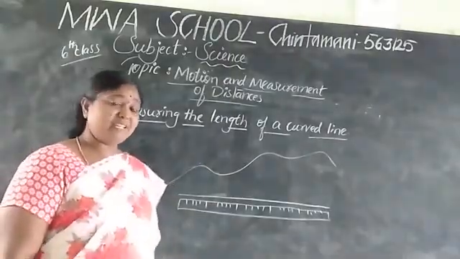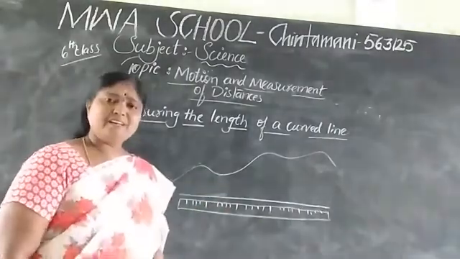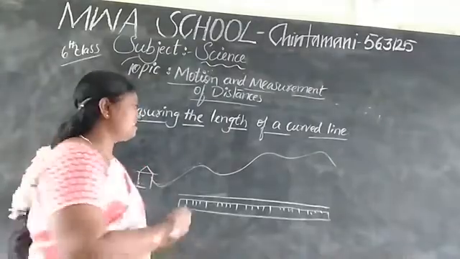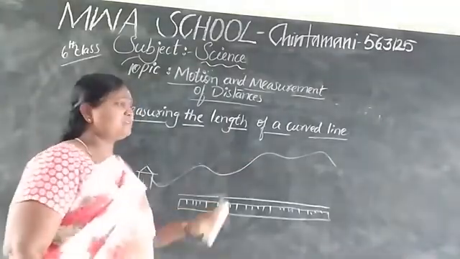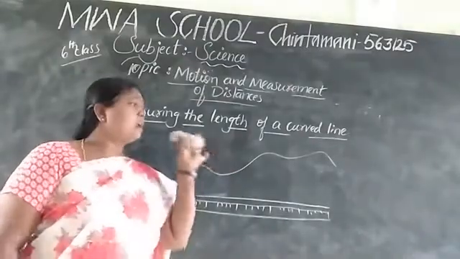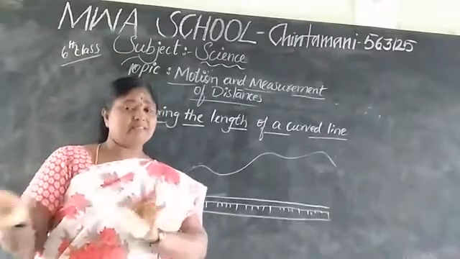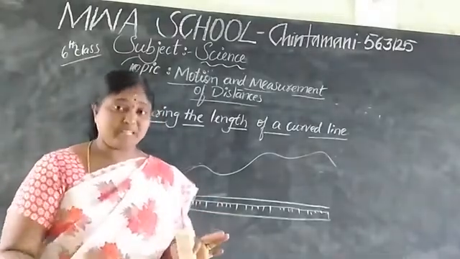So approximately we can say this is the distance from here to there. That means from your home to our school nearly 500 meters, approximately we can say.